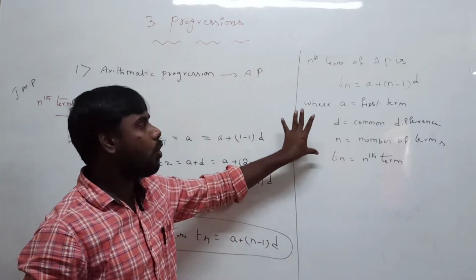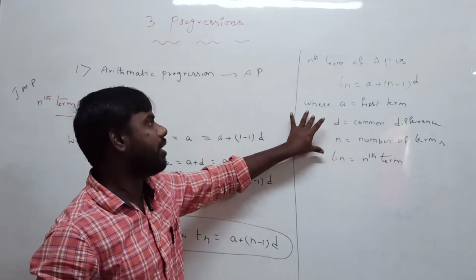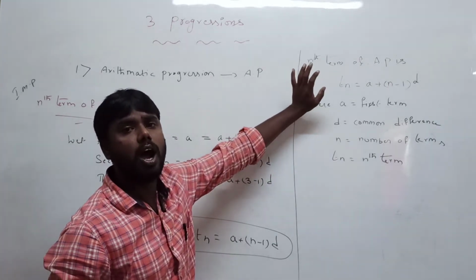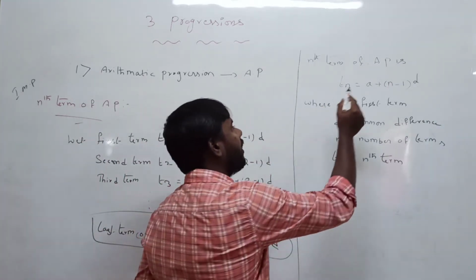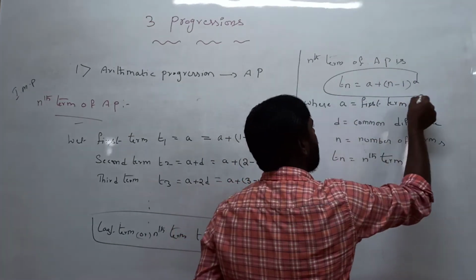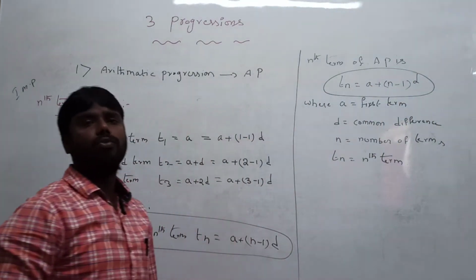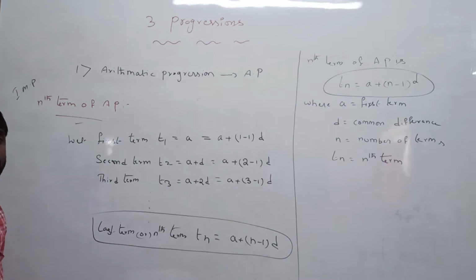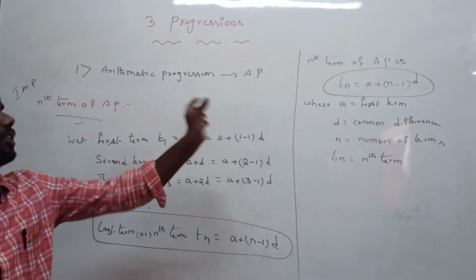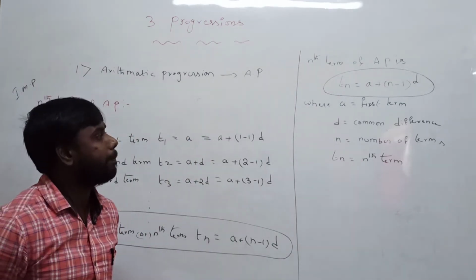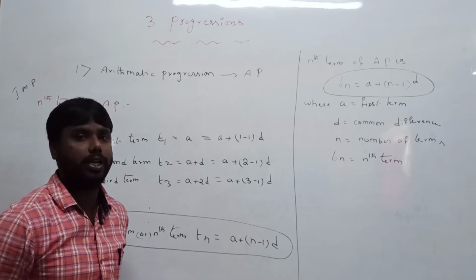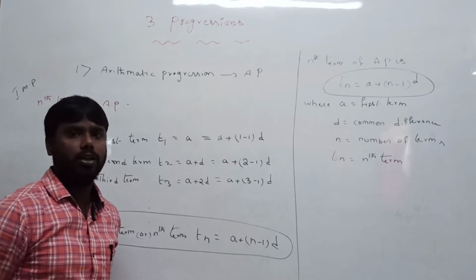Is it clear? All the problems depend only on the nth term of the arithmetic progression, only by applying this formula. Remember this formula. Everyone understood? It is clear.